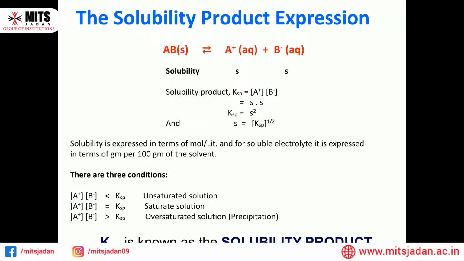In our coming slides, we will get the value of solubility and solubility product constants for various types of electrolytes such as uni-univalent type of electrolytes, uni-bivalent type of electrolytes, uni-trivalent, tri-univalent and bi-trivalent type of electrolytes.